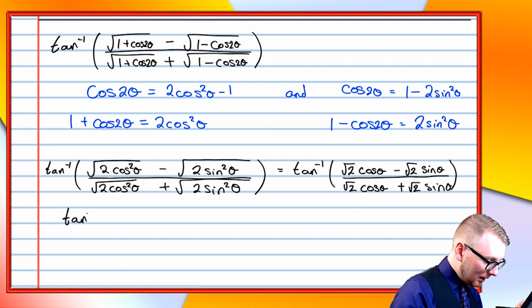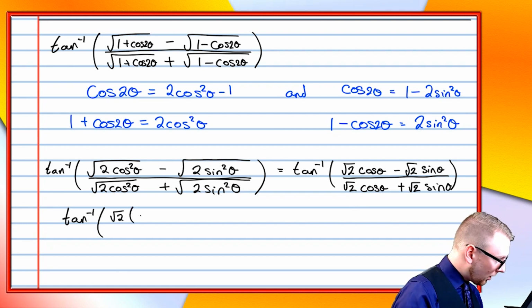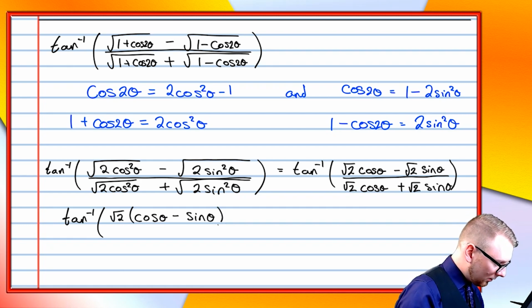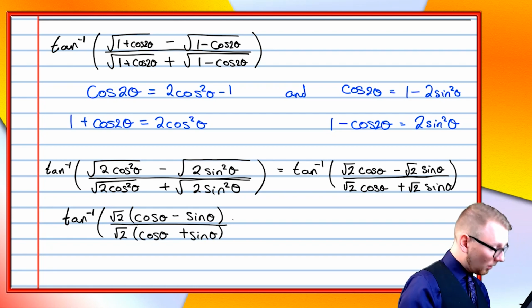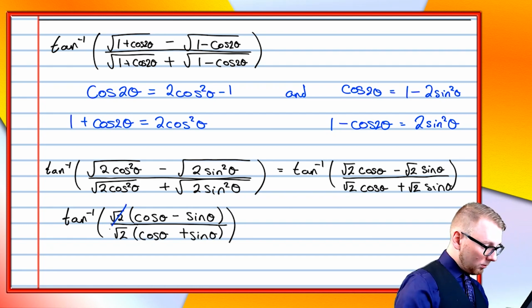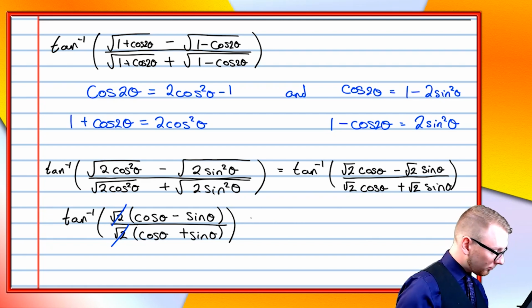So we've got tan inverse. Well, I'm going to just show it anyways. Square root of 2 times cosine theta minus sine theta over the square root of 2 times cosine theta plus sine theta. Square root of 2's cancel out.